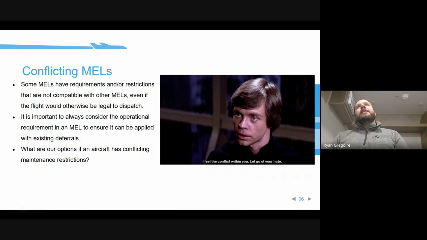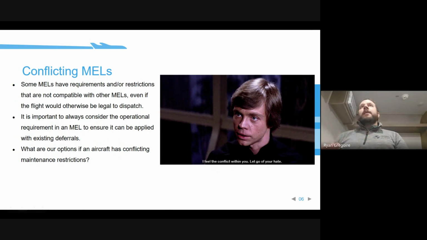If you get conflicting MELs on your dispatch release, you'll want to bring that to the attention of the DAID and say, hey, on this release, you gave me an MEL for a thrust reverser and an MEL for an anti-skid system, but in the MEL descriptions, they say they can't be applied together. So I wouldn't be able to legally dispatch this flight.